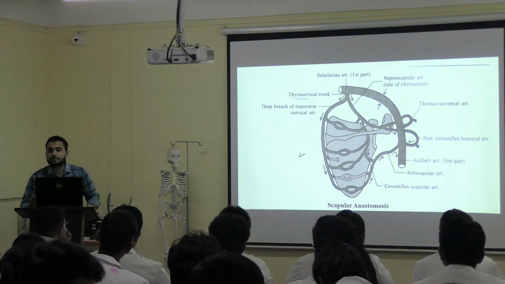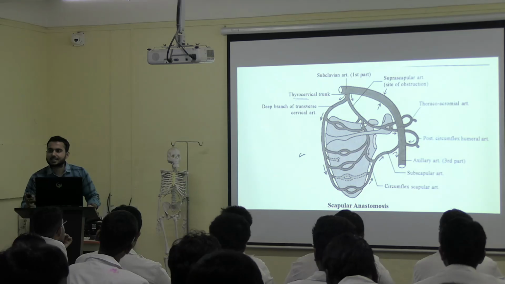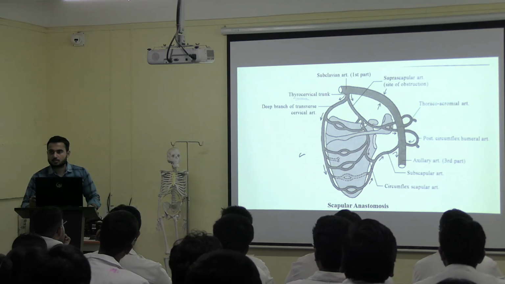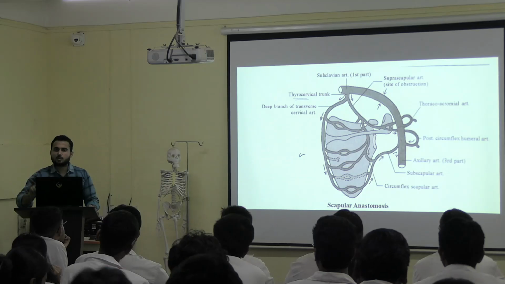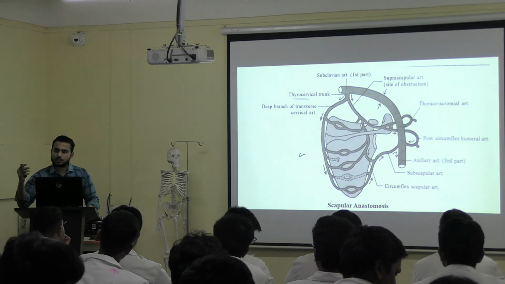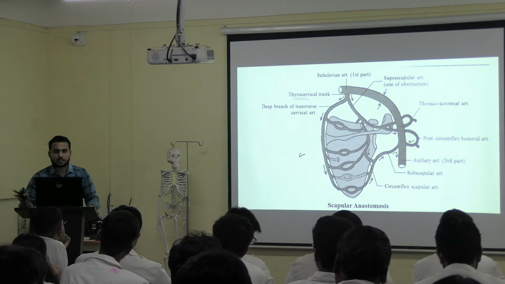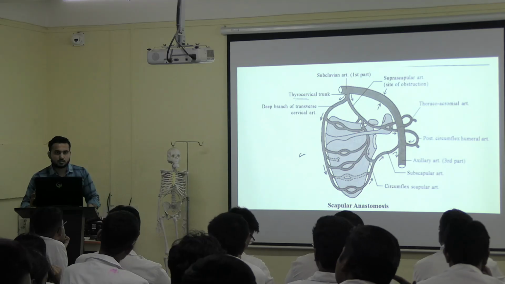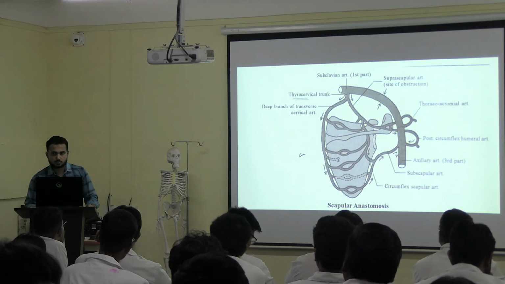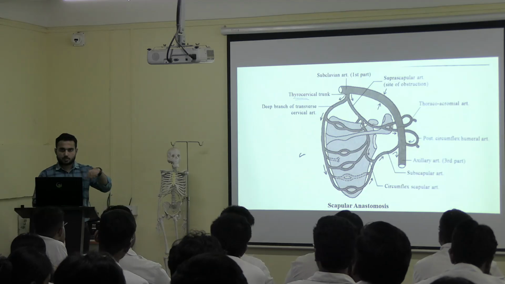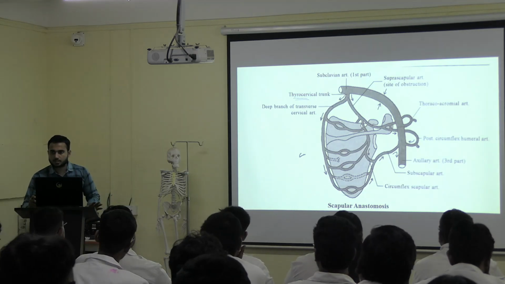Best example is the appendicular artery. It is an end artery. That artery goes and supplies the organ. If there is any blockage or damage to that artery, that organ is gone. It will not get any blood supply. So those are called end arteries. I hope the concept of collateral circulation is clear.